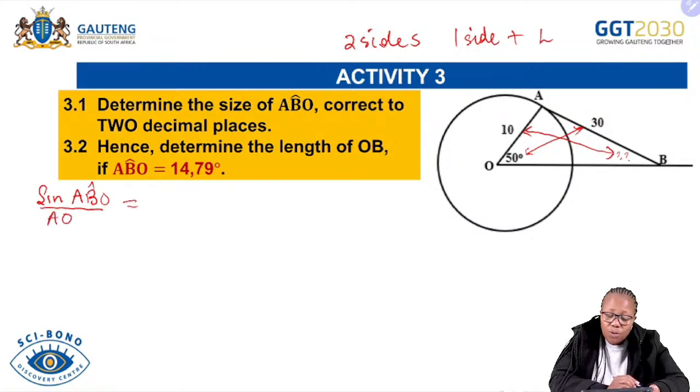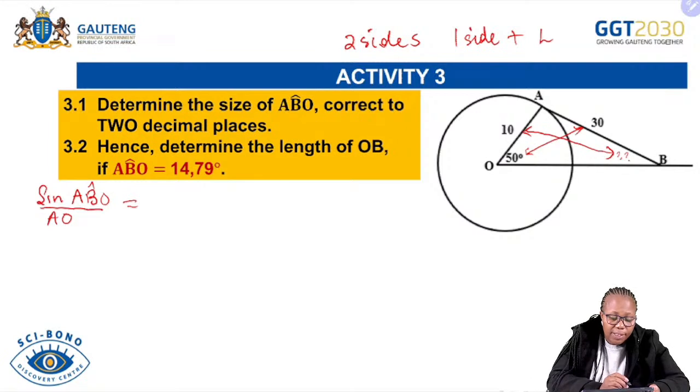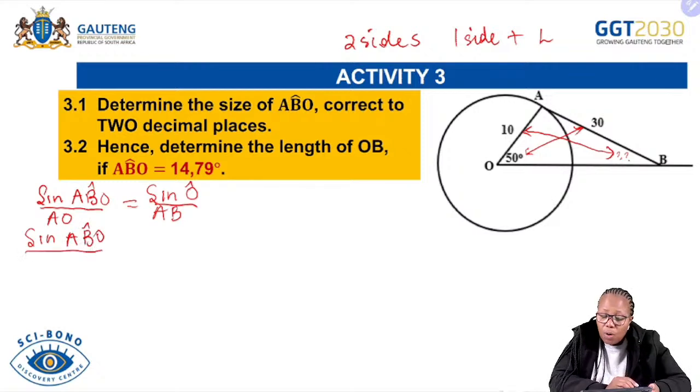Equal to, we are going to take the one which is having an angle and a side value now. Starting with the angle, that will be the sine of angle O over the side AB. And then let's do our substitution. We are looking at the sine of angle ABO, and AO is how much? 10, given to us.